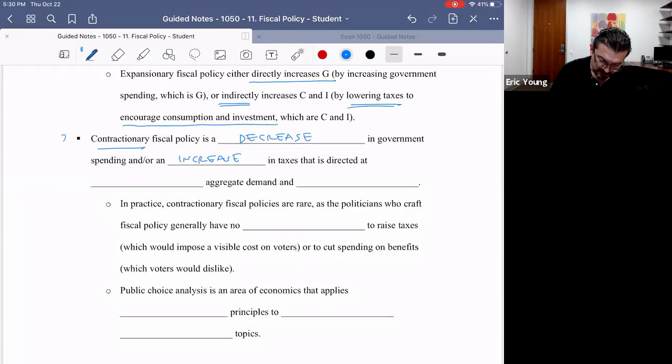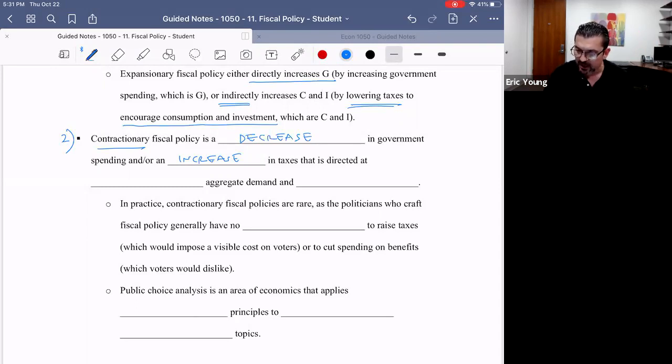So the two tools of contractionary policy would be to decrease G, decrease government spending, or increase taxes, which would play out by pushing C and I down.